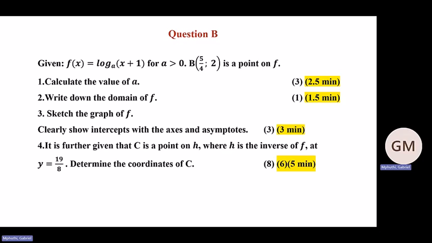Also, you can see that I have given you times that you need to spend when solving these problems. If it is 1 mark, like this one, you need to spend not even 1.5 minutes on it. You need to spend less than that, so that you create a buffer.